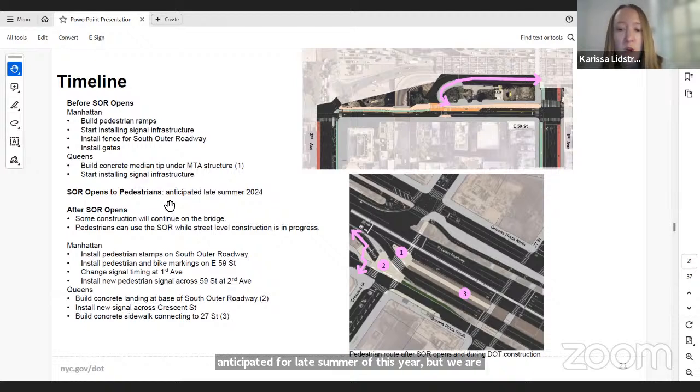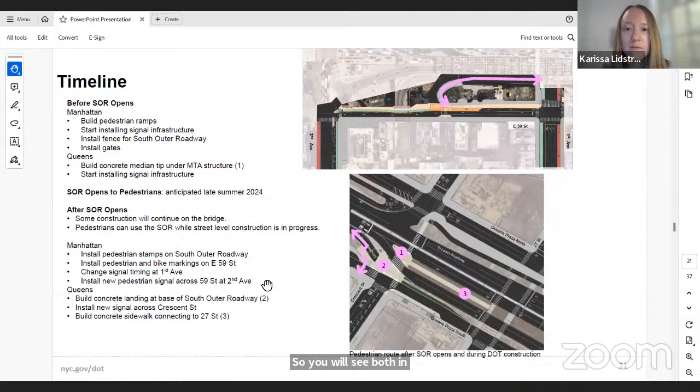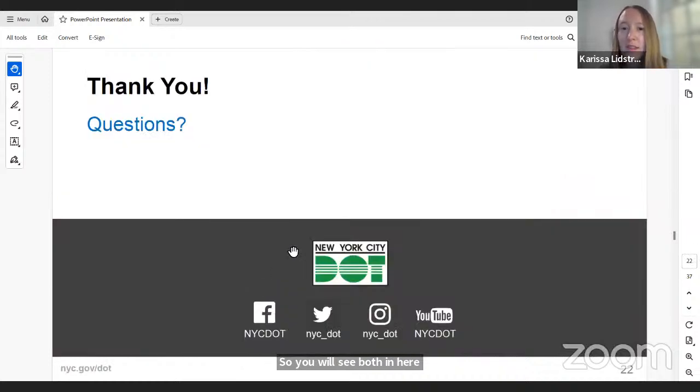And then there is some work that will have to wait until after vehicles are no longer able to access the South Outer Roadway. This timeline shows both the Manhattan and the Queens components, because we see this as all one project. So you will see both in here. And that's it. That's our proposal.